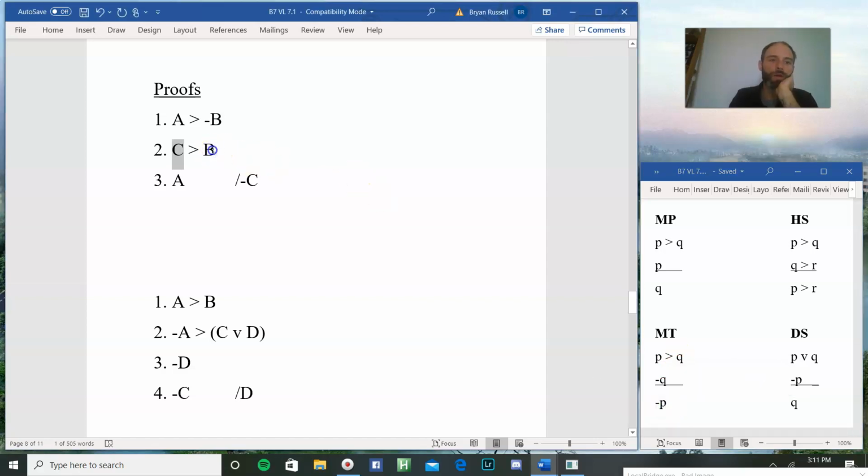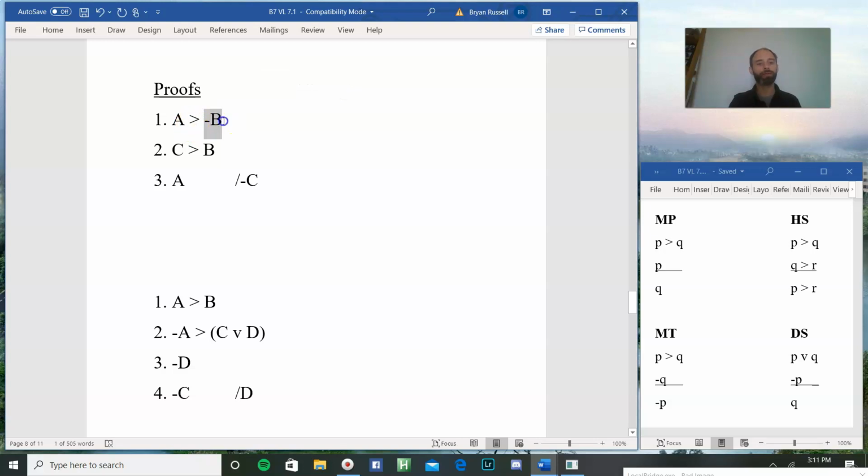So here we have C horseshoe B. What we're trying to get to is tilde C. So what will we need? We'll need the negation of the consequent. So if we have tilde B somewhere, we can get tilde C. Where do we have tilde B? The negation of the consequent. We have it on line 1. But how can we get that by itself? How can we know that tilde B is the case?